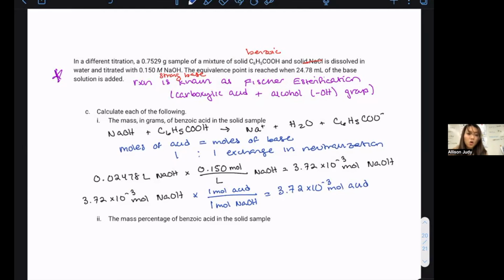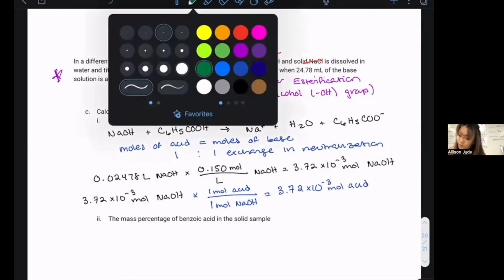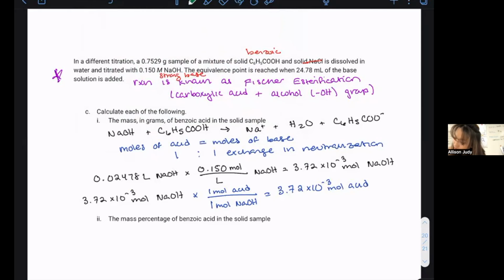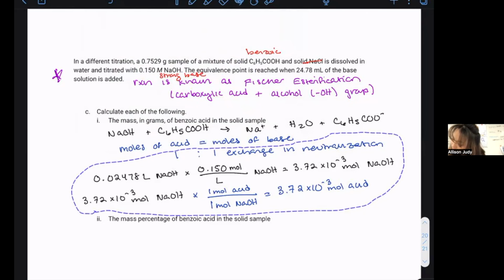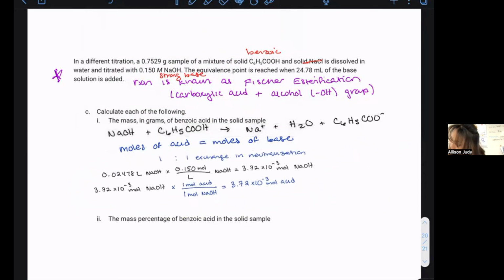And then to get from moles to grams of that acid, I'm going to simply use molar mass. I'm going to quickly shrink all of this because it got a little big. Okay, there you go. I can just use the molar mass value of benzoic acid, because this is the mole value of how much I neutralized in the first place, the original amount of sample that I neutralized.